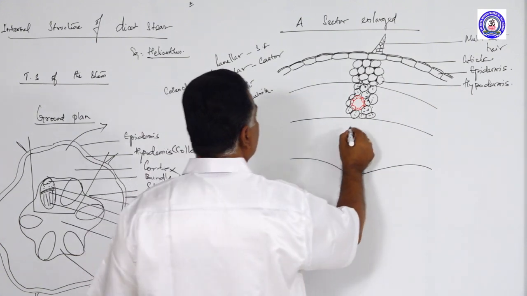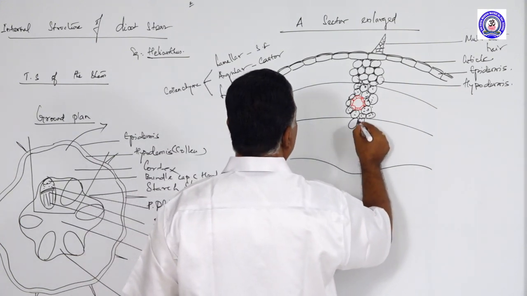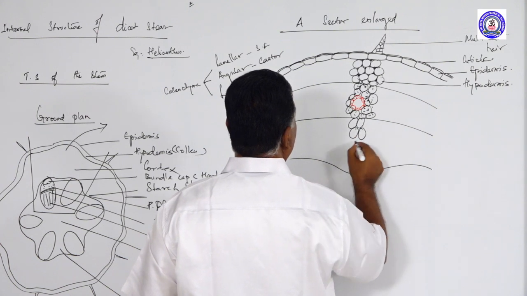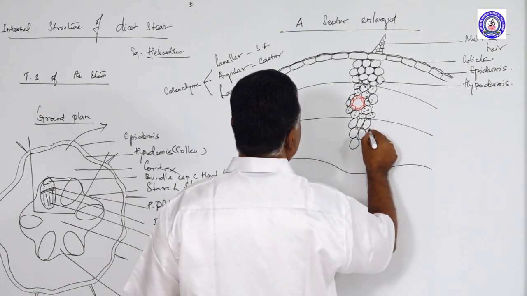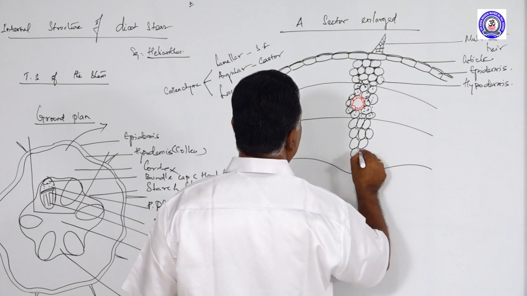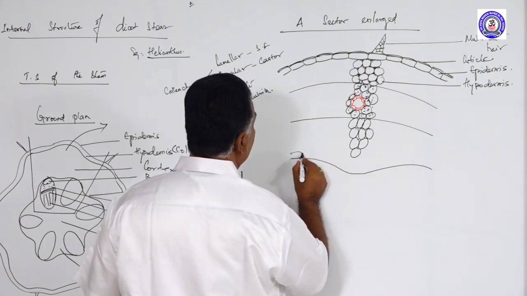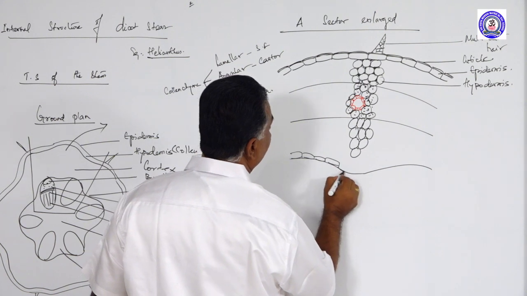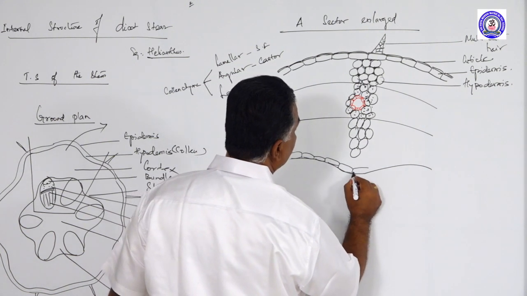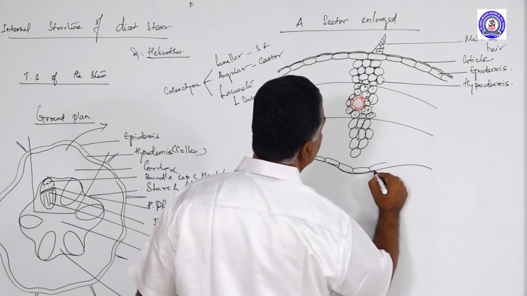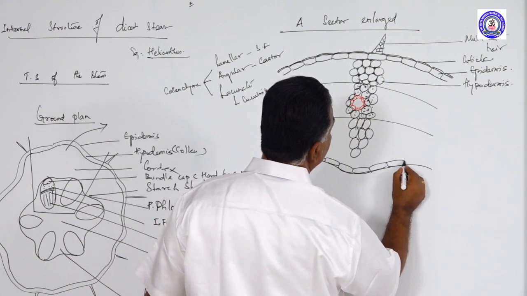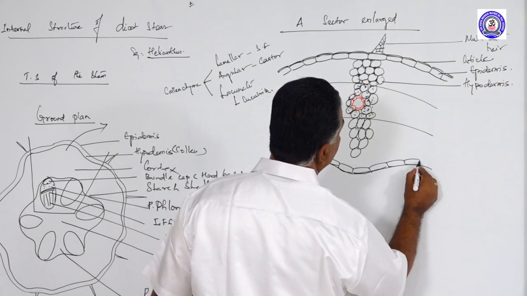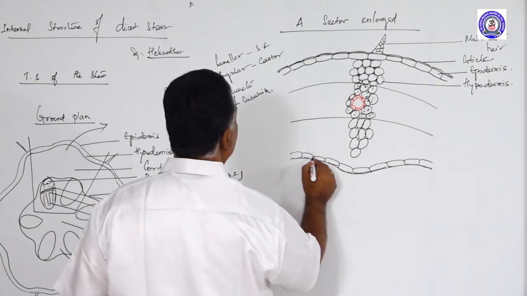And next to that is a parenchymatous zone. This general cortex ends with endodermis, which is a single layer of barrel-shaped cells. We'll talk about that afterwards.